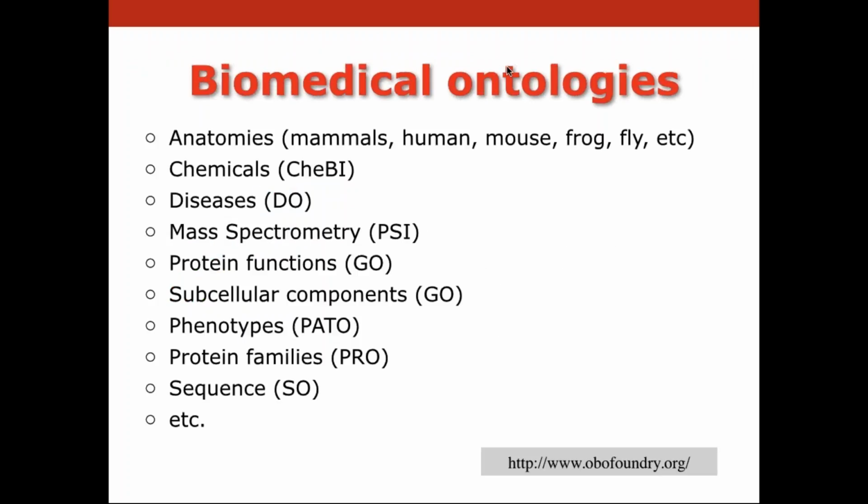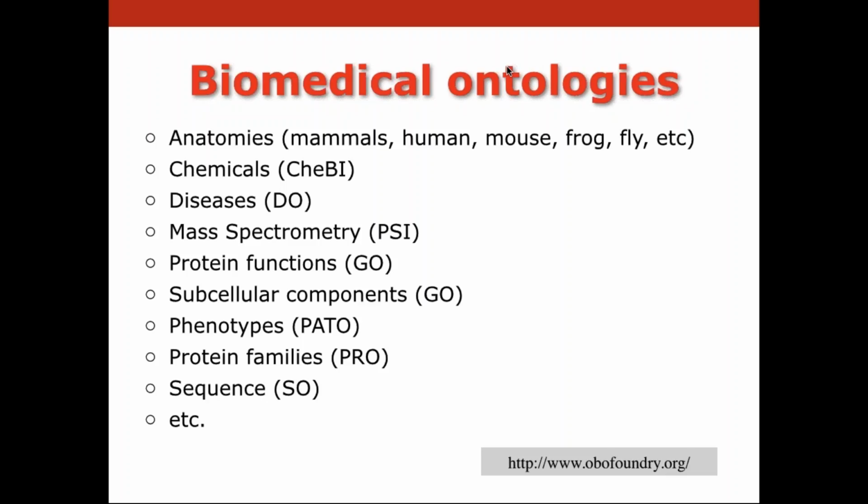So I suppose you might be familiar with other biomedical ontologies. There are biomedical ontologies in most areas right now, to describe anatomies, chemicals, diseases, and experiments. The mass spectrometry community has an ontology that describes the different techniques they use.